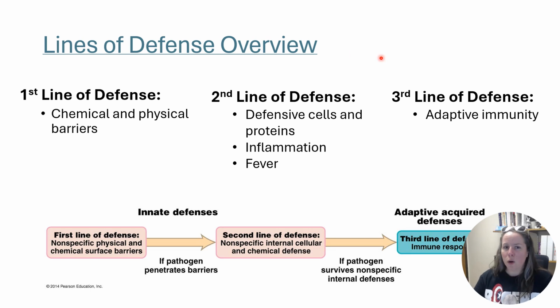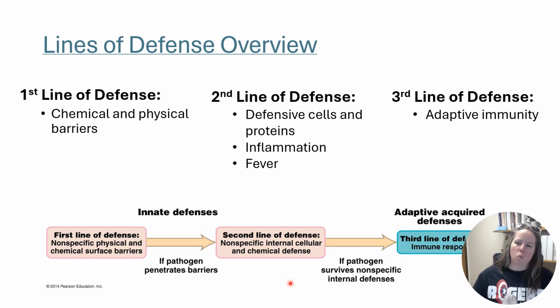So let's do a quick overview, and I have a video here you guys can watch to kind of, again, go through everything. Our first line of defense are our physical and chemical barriers, so our skin, mucous membranes, sweat, things like that. If that penetrates our first line of defenses, we have our secondary line of defenses. So those are our white blood cells, interferon, complement system, inflammation, and fever.